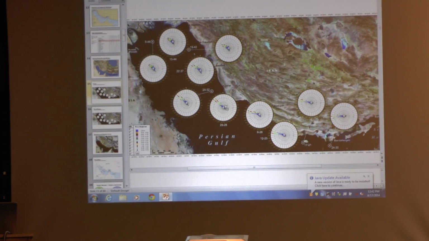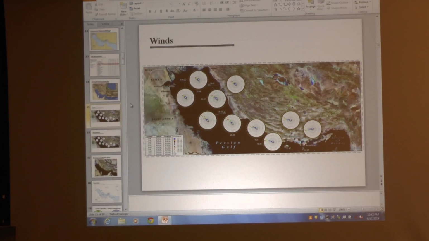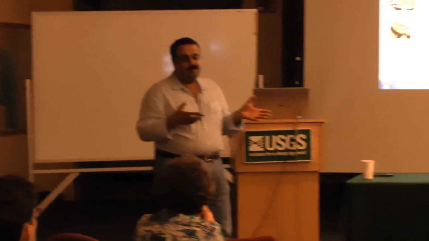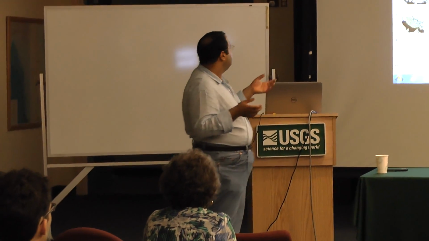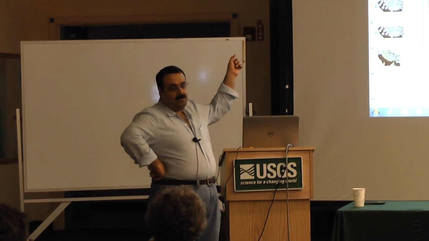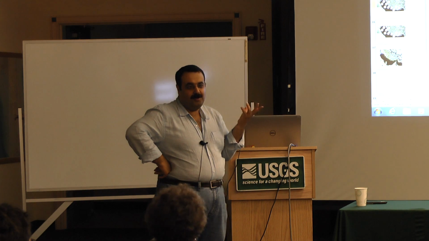Actually, most of the waves in the Persian Gulf are seas. No swell there. They are generated in the area by winds, and the governing winds in the area are coming from the northwest. They call it shamal or shomal.